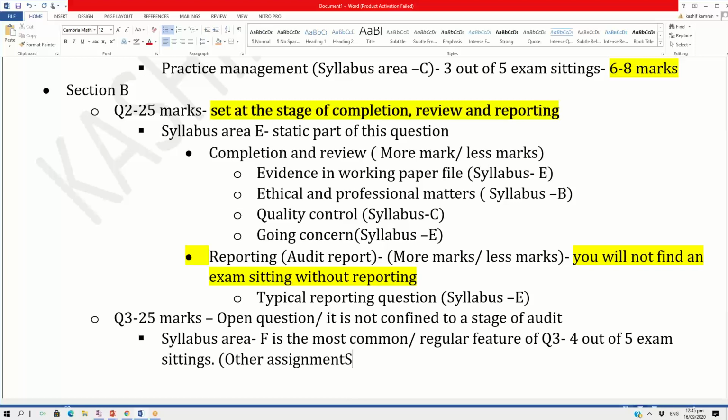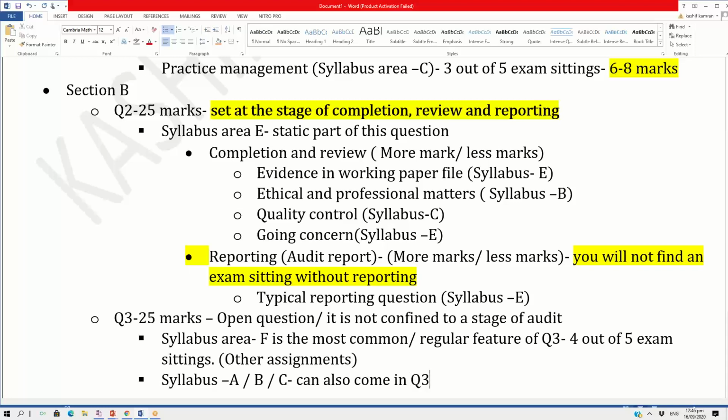But what if other assignments don't come in, 4 out of 5? What if the examiner gives you something else in question number 3? Then we know what the else is, right? Syllabus area A, syllabus area B, syllabus area C can also come in question 3.